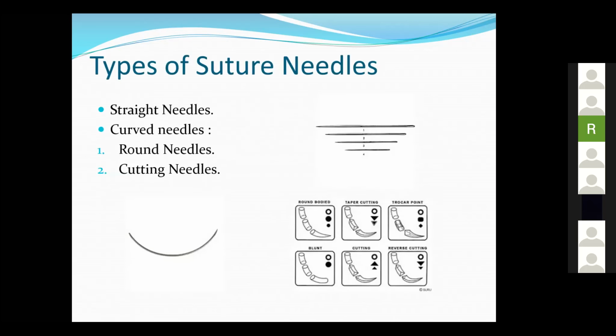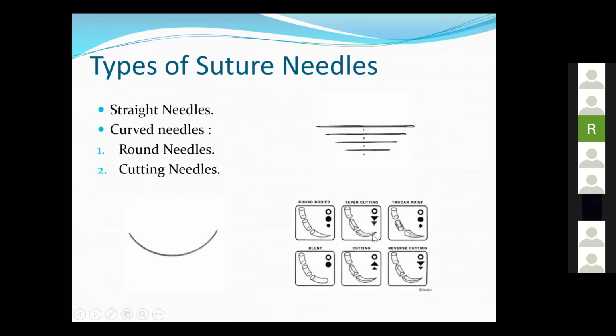Now coming back to the needles that we use. There are various kinds of needles that we have. We have straight needles, we have curved needles. And if you see, the curve also has different degrees, a large curve, a thin curve, so how wide it is. And if you see the tip of the curve, can you see this?